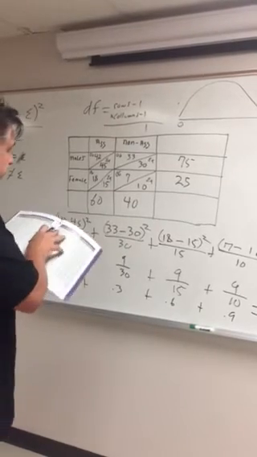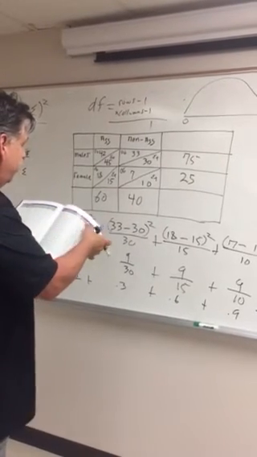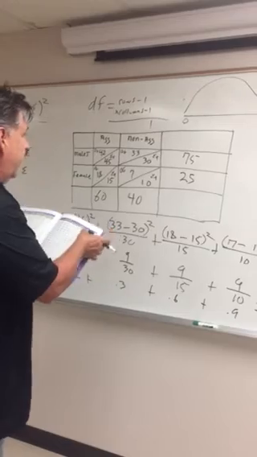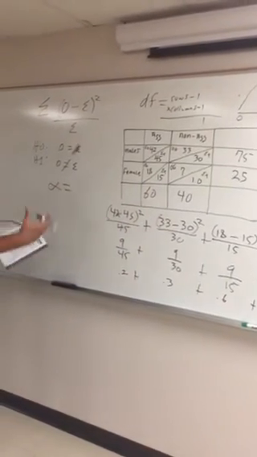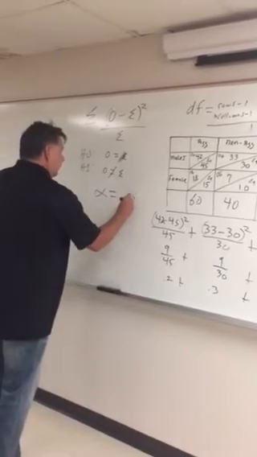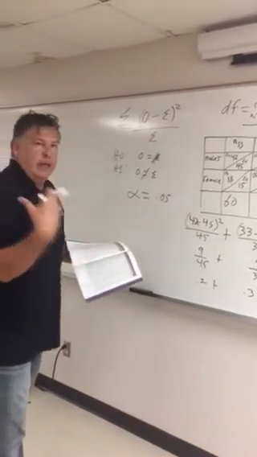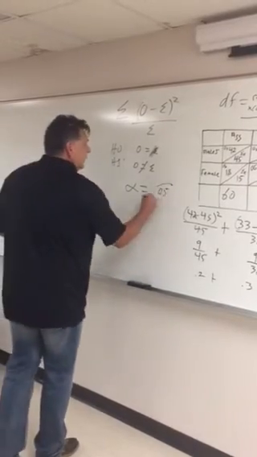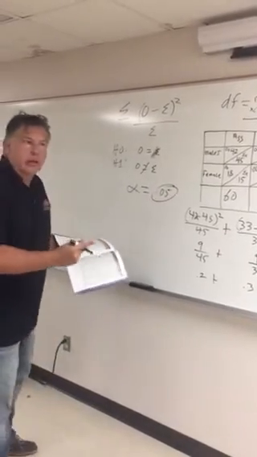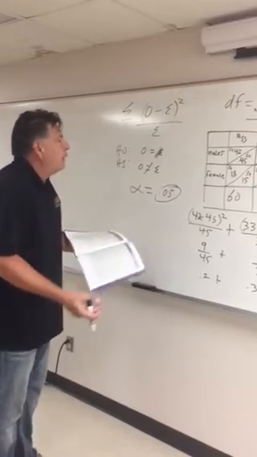So when I come over to my table in the back of the book, 1 degree of freedom, I'm going to find an alpha level, and I can't forget that. My alpha level is my error rate, so I'm going to use 0.05. There's a 5% chance here that I can make a type 1 error. I could be wrong, so I'm okay with 5%.